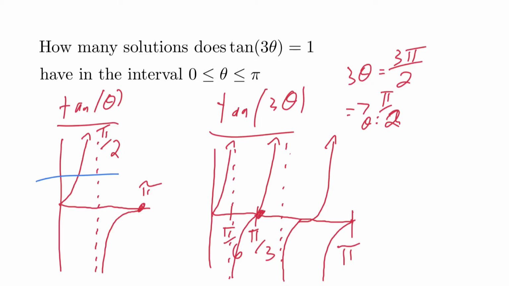The picture looks something like this. So now I ask the question, how many times does this plot cross the line y equals 1? And I count. Well, it crosses it here, here, and here.